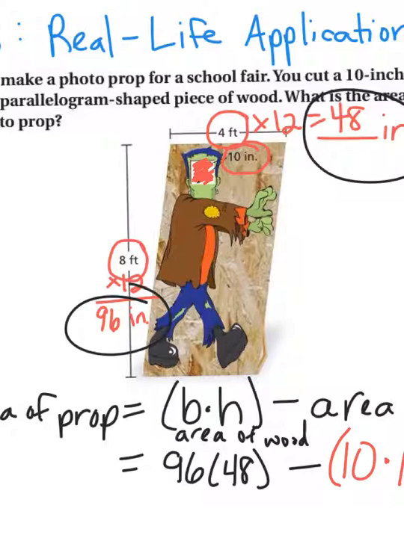It doesn't really matter to me if you write it as 10 times 10 or 10 to the second power. And then you go through and do your multiplication of 96 times 48, and then 10 times 10, which we know is 100, and then you'll subtract to come up with your final area.